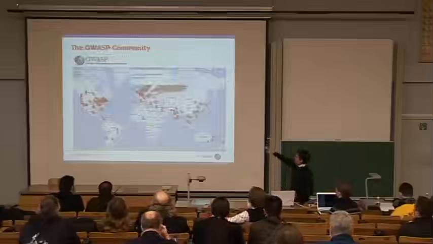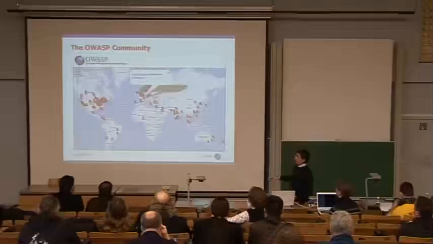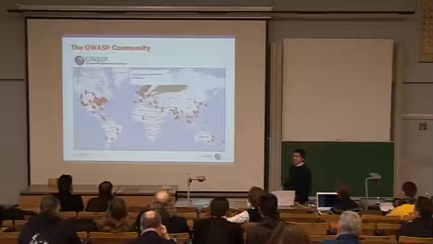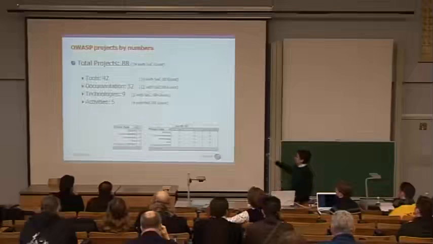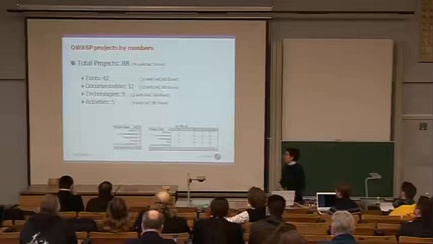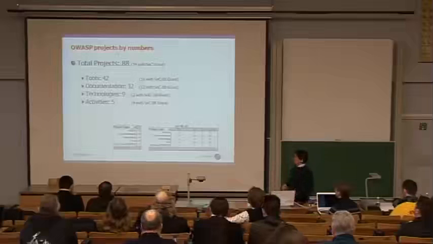Here, in the OWASP community, we have a lot of chapters all around the world in which we can debate web application security, and we organize conferences locally, etc. Now the total number of projects in OWASP is 88: 42 related to tools, 32 related to documentation, 9 for technology, and 5 for activities inside the OWASP Foundation.